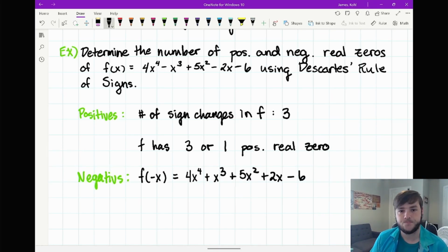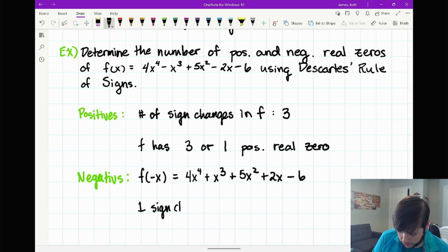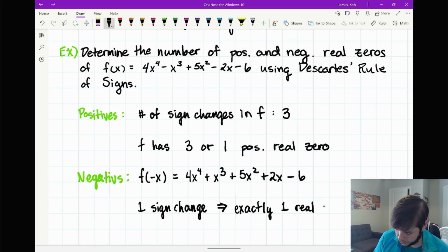Minus 6. Nothing to change there. So, now, notice that this has only one sign change. I stay positive all the way until the constant term where I change to negative. So there is one sign change. And Descartes' rule of signs tells me that this means there is exactly one negative real zero.